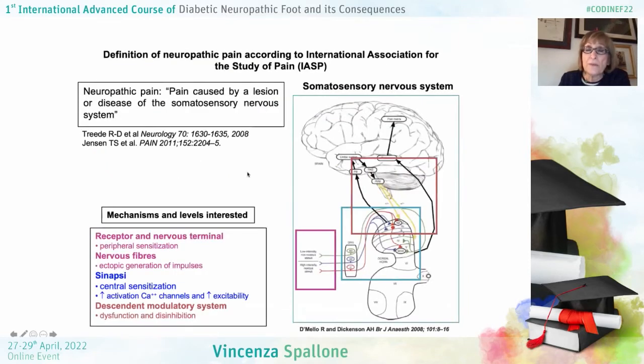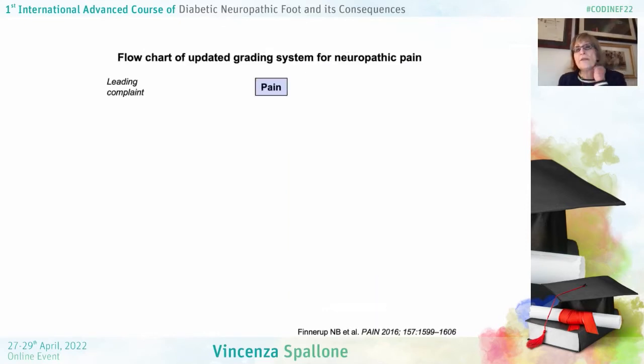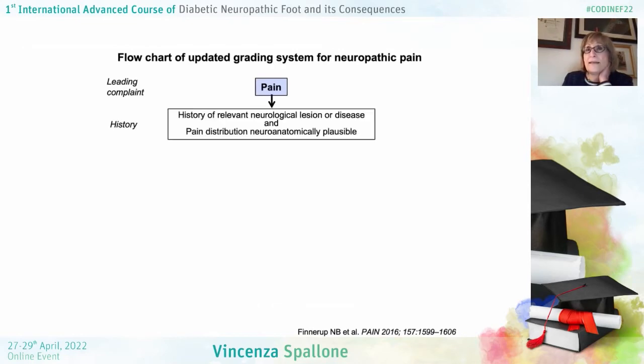And this abnormality in the somatosensory nervous system can lead to different mechanisms of neuropathic pain that can be a peripheral sensitization, or a central sensitization, or a less active descending modulatory system.